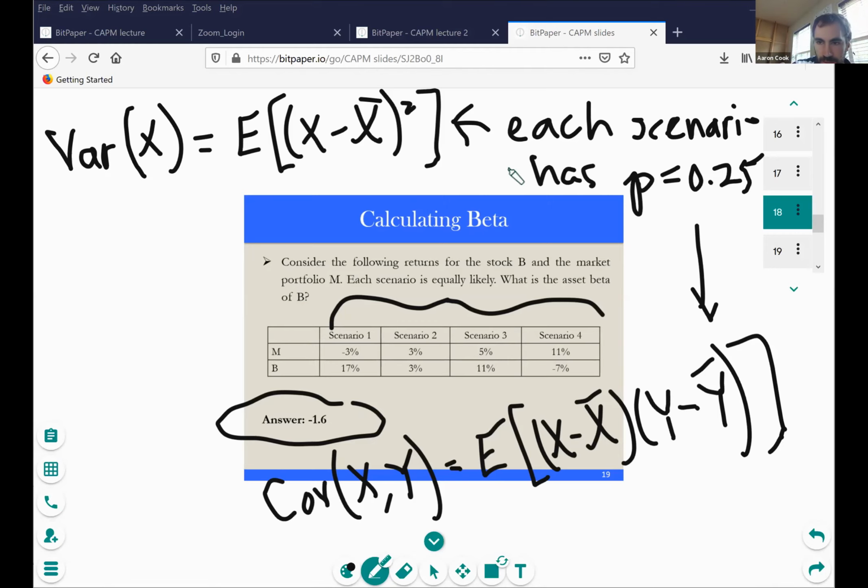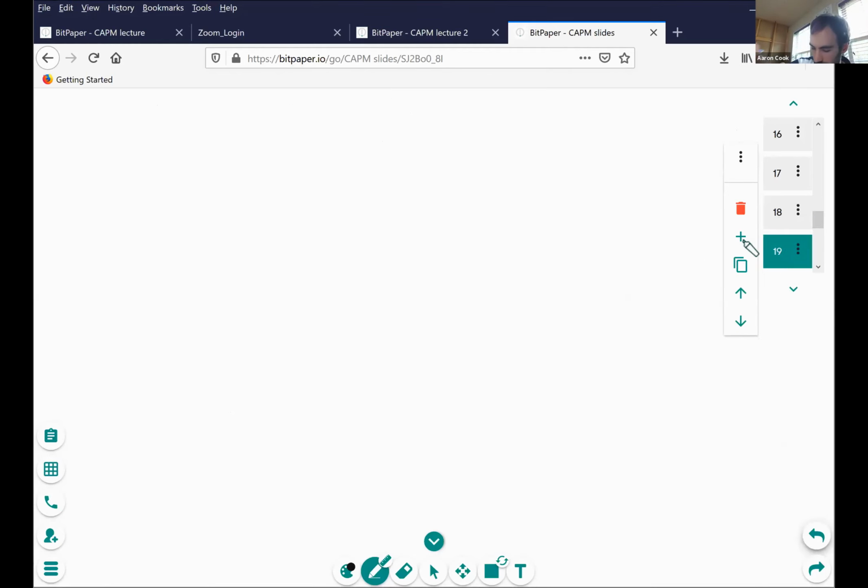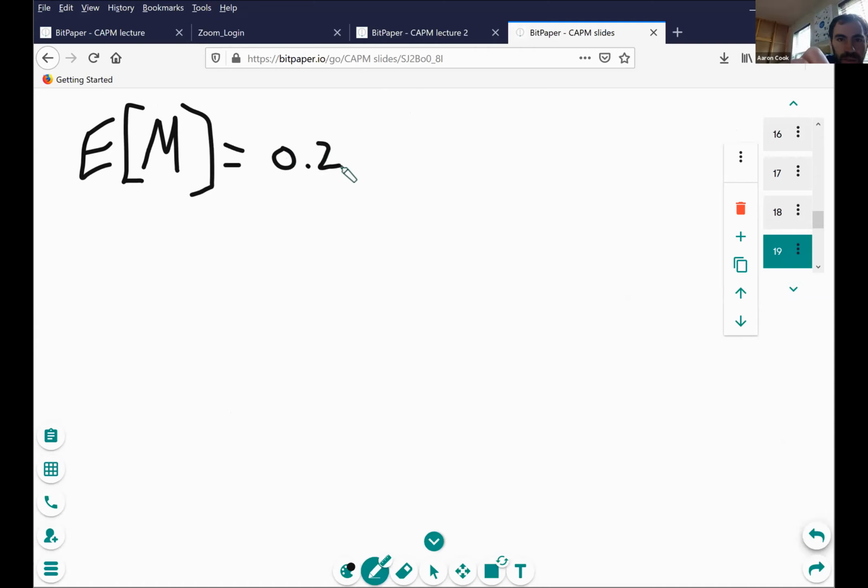So yeah, we can go through this quickly. This is the expected return on M. Each of the scenarios was equally likely, so we take 0.25 times the individual returns.